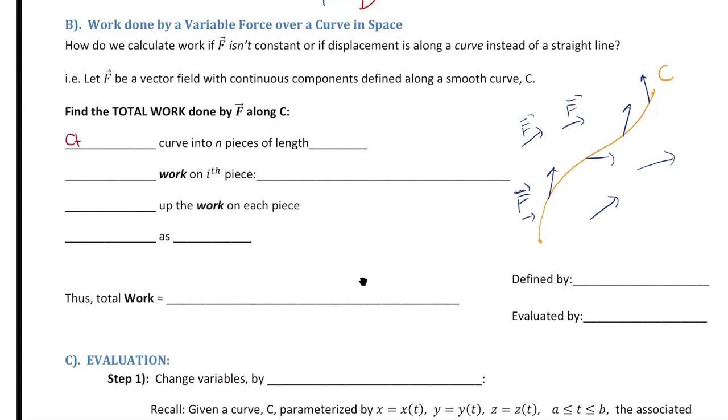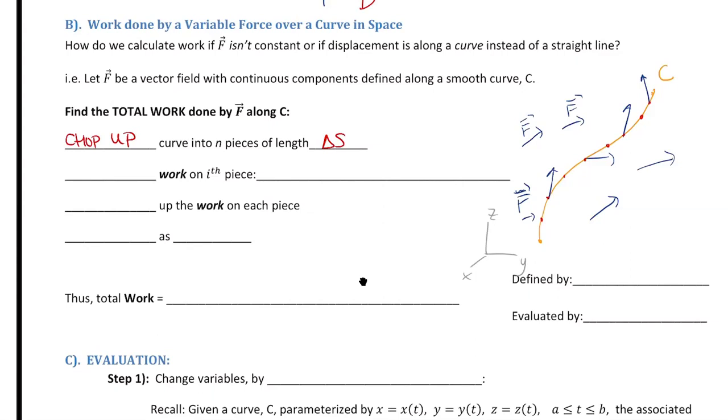So we're going to chop up the curve into a bunch of little pieces. And so let's just do some pieces here. And because I'm chopping up a curve, they're going to have length delta S, right? Because you can imagine this is either in 3D or 2D, but you can imagine here's like X, Y, Z. And so we're going to be using S as our variable here.